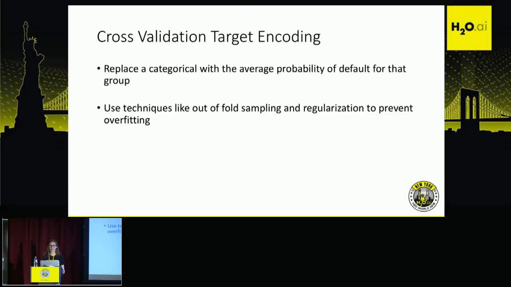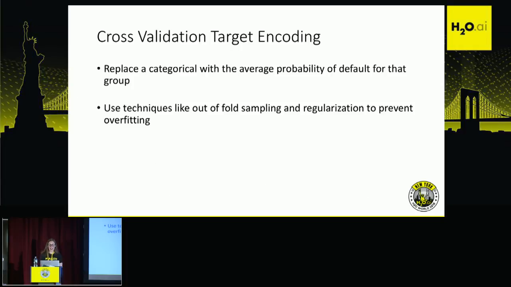Now, the idea is, let's not use the categories. Let's represent it as numbers. But how can you represent it as numbers? Right? Because they're not numbers, they're categories. Well, what we're going to do is replace the categorical value with the average probability of default for that group. So maybe rather than state, what's the probability that someone will default from a specific state?